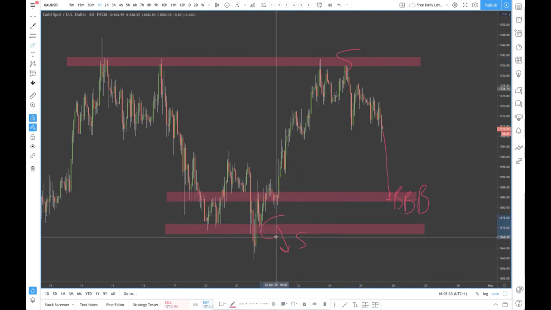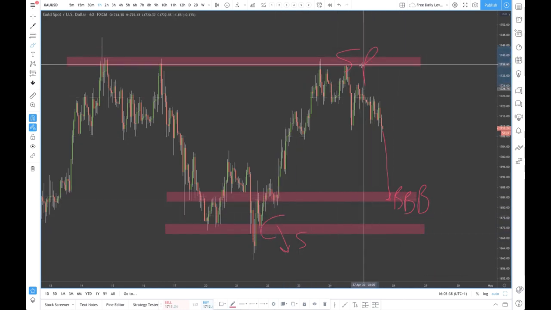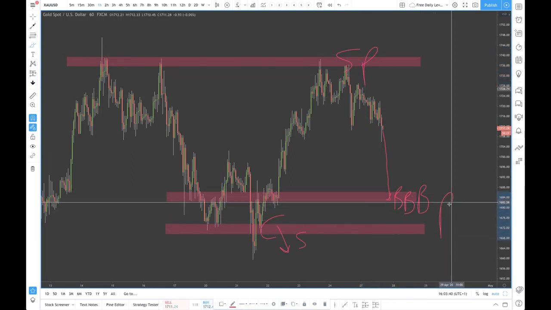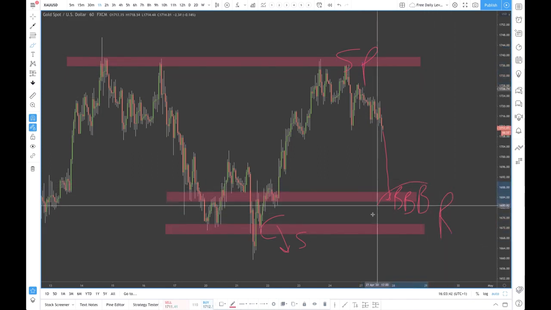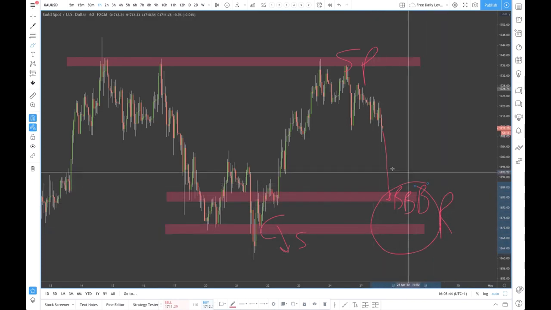So these guys are caught, capture, pain, and then the relief, which adds to the supply and demand equation in and around this level.